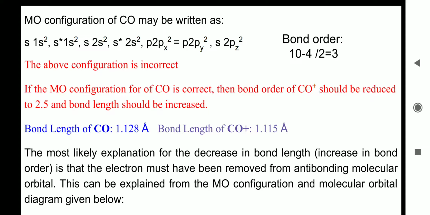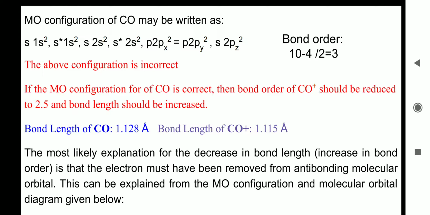So, what is the explanation for this? The explanation is that for the decrease in the bond length, the electron should be removed from the anti-bonding molecular orbital. Now, in the case of the CO molecule with a molecular orbital diagram similar to nitrogen, when we remove the electron, we are removing it from the bonding molecular orbital, and that leads to a reduction in the bond order.